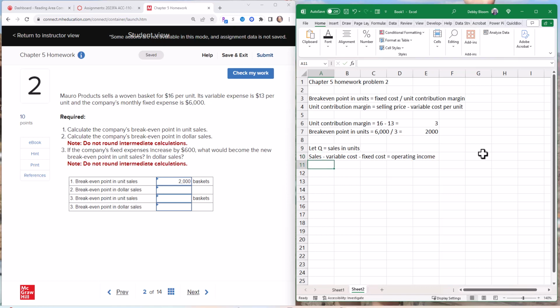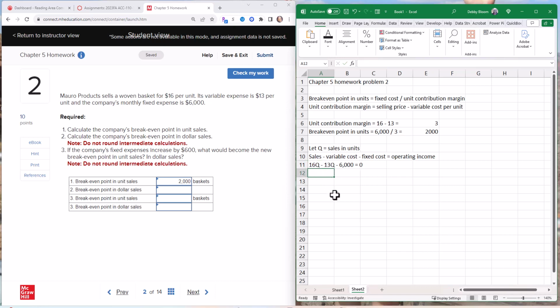So now I'm going to fill in what I know. My sales are 16 multiplied by the quantity. My variable cost is 13 multiplied by the quantity. My fixed cost is given as 6,000. And at the break-even point, my operating income is 0.